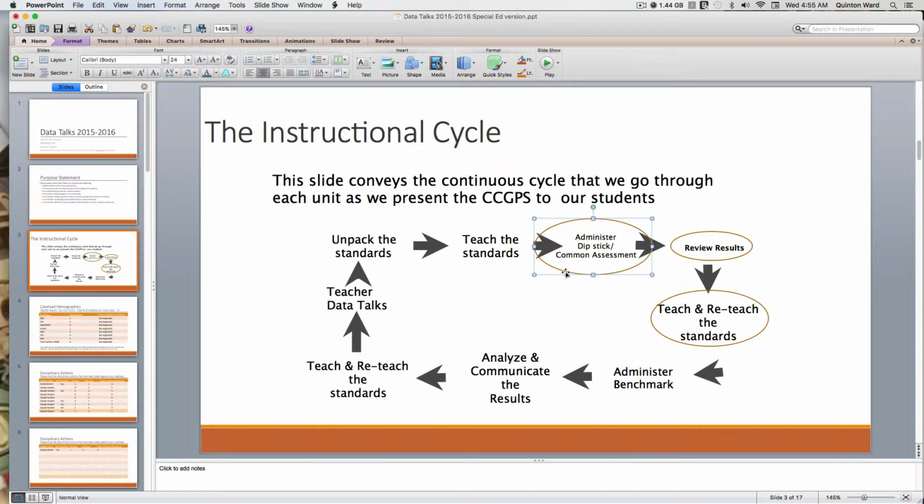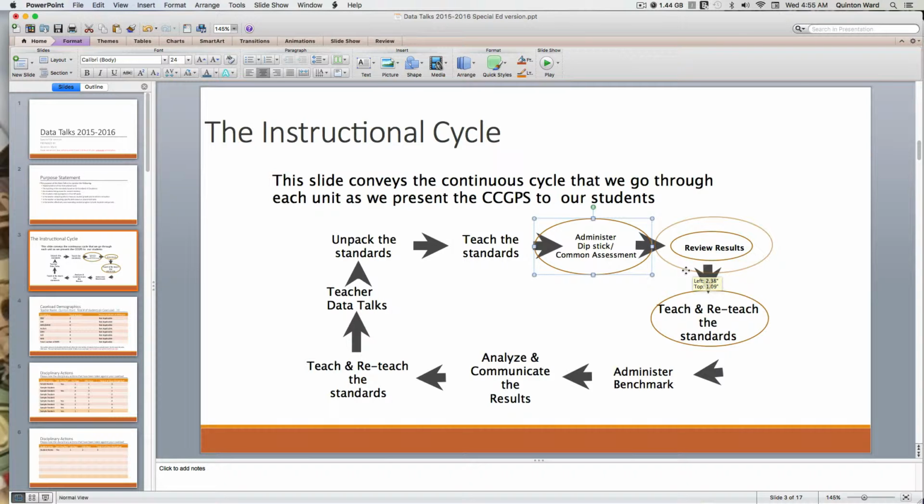Okay, after we administer that assessment, we always review results. Anytime you assess students, the assessment is designed to measure a mastery of a standard. Anytime you give an assessment to measure the understanding of a standard, you should review and analyze the results.